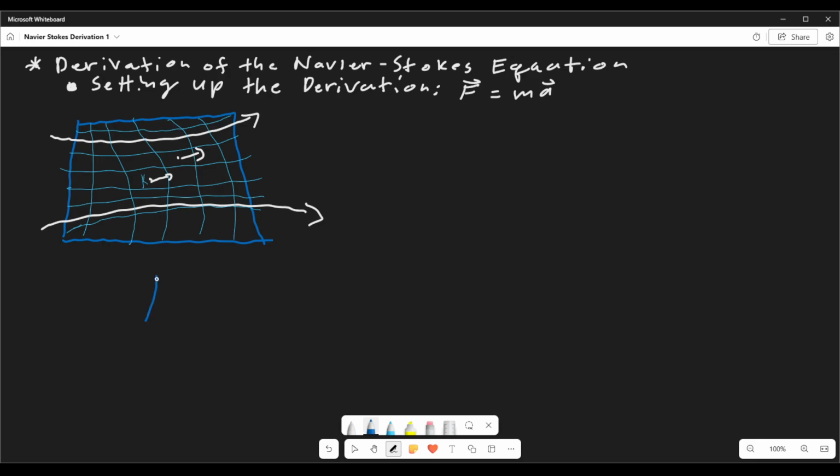Here's the little volume. Kind of a blob, and this is moving around the kth particle, whatever that means. So that's basically that guy.